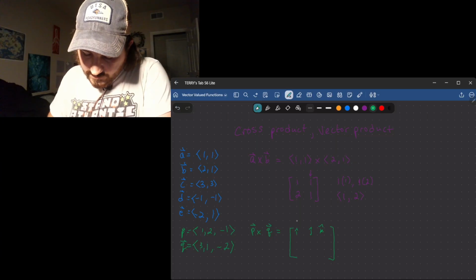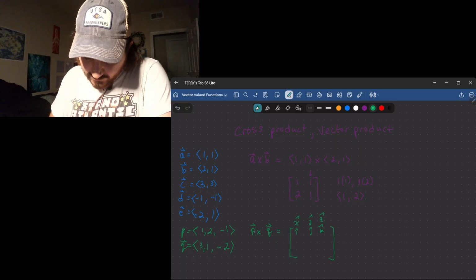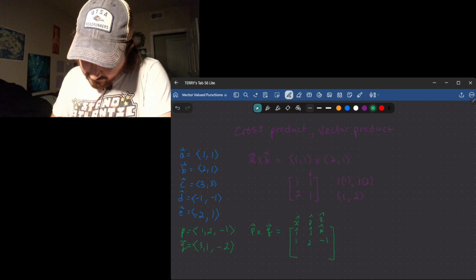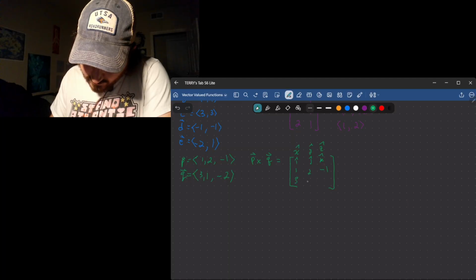If you don't like those, you can use x, y, and z. Totally fine. Whatever you like. Okay, so then we're going to write our first one. The beginning of the cross has to go first. So you have 1, 2, and negative 1. Okay, and then this next one is 3, and then 1, and then negative 2.